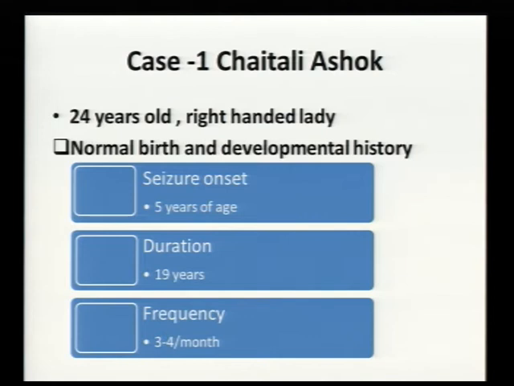Good morning. The first case is Chaitali Ashok. She's a 24-year-old right-handed lady with a normal birth and developmental history. Her seizure onset was at age 5, and for the last 19 years she had been having seizures at about 3 to 4 per month.